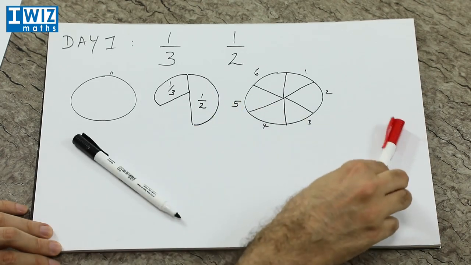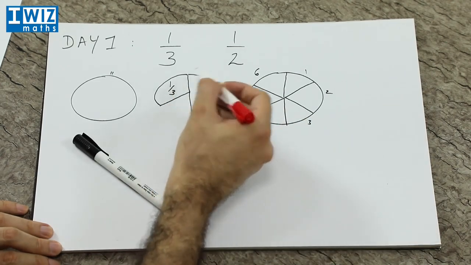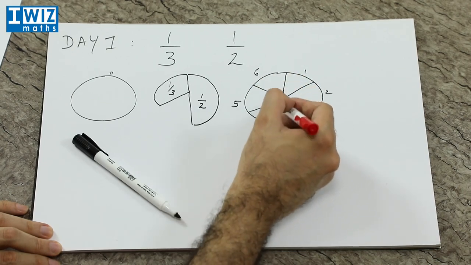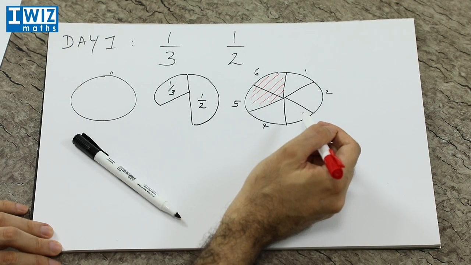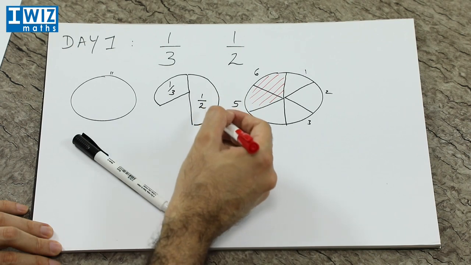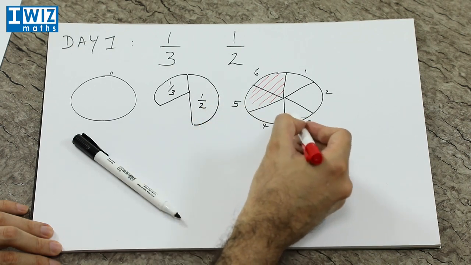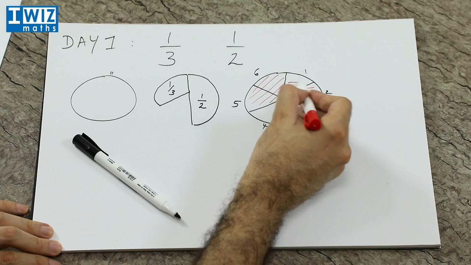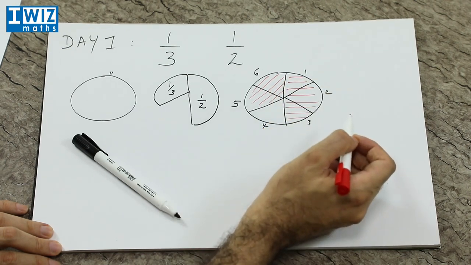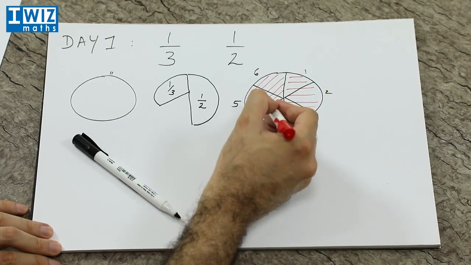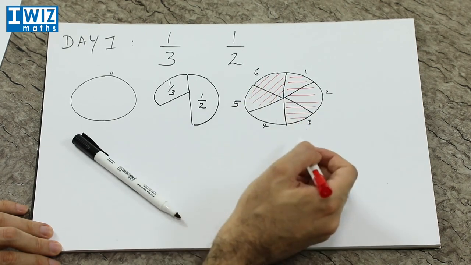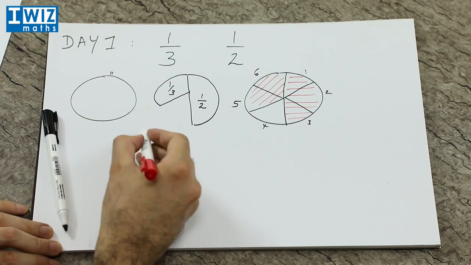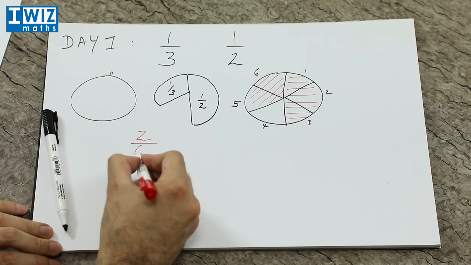Before lunch, I had 1/3, so I shade the equivalent area, which is that. After lunch, I have had 1/2 of the apple, so I shade that area. Essentially 1/3 is 2 of the total 6 pieces, so I write down 2 divided by 6.